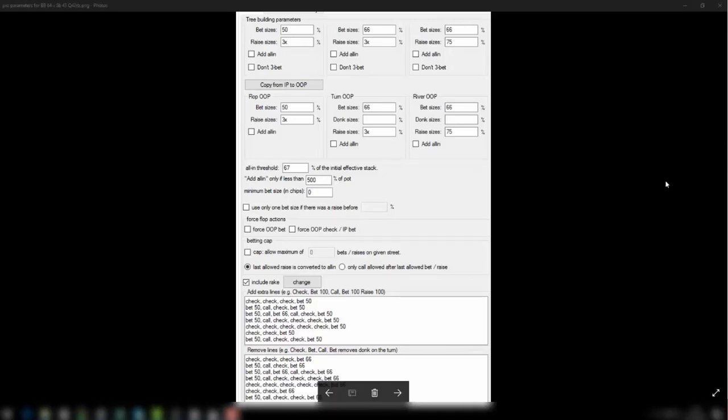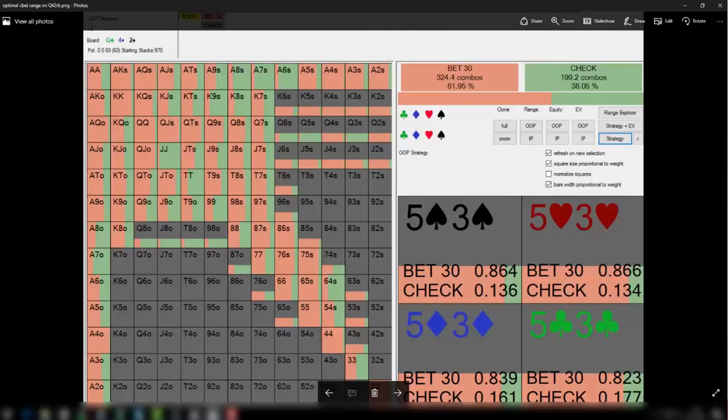So what I've done is, from the folder that was generated from this solve of 49 flops, I've pulled out an example board texture, Queen 4 Deuce rainbow, and this is the PIO suggested optimal c-bet frequency and c-bet range composition.